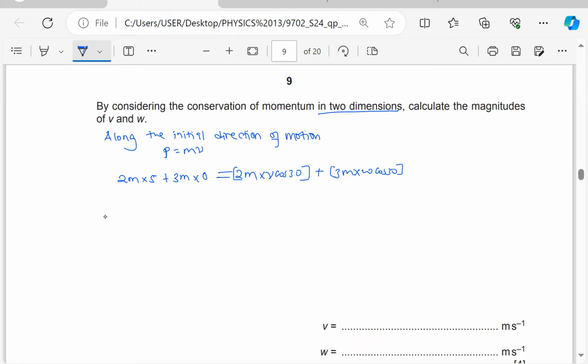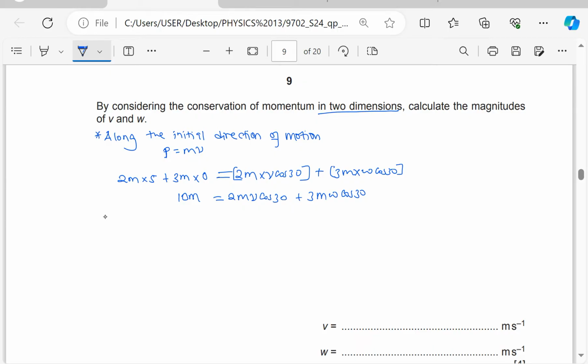So precisely when I simplify this, I have 10m equals 2mv cos 30 plus 3mw cos 30. Of course, if you want, you can cancel out m. So this is along the initial direction of motion.